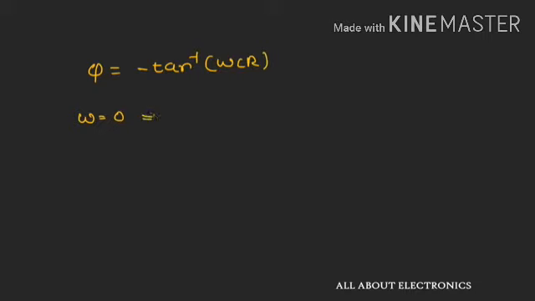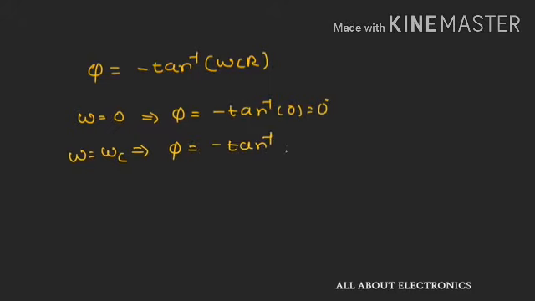So now at omega equal to 0, the value of phase will be nothing but minus tan inverse of 0, that is 0 degree. So at omega equal to 0, output will be in phase with the input. Now at cutoff frequency, the phase phi can be given as minus tan inverse of 1, as at cutoff frequency the value of omega is equal to 1 over RC.